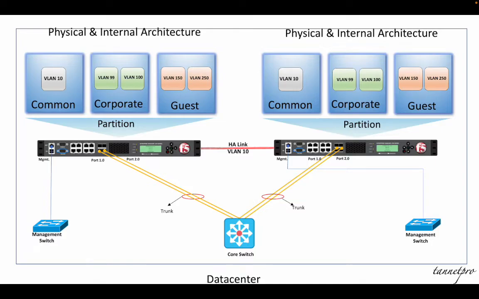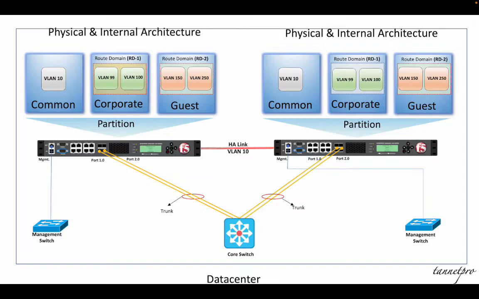Yes, there is another concept called route domain. A route domain is nothing but something you can compare with the VRF. The VRF concept you can compare with the route domain. You can configure route domains 1 and 2. Here I have given the example of route domain 1, which will handle your corporate traffic, and route domain 2 you can configure for the guest traffic.